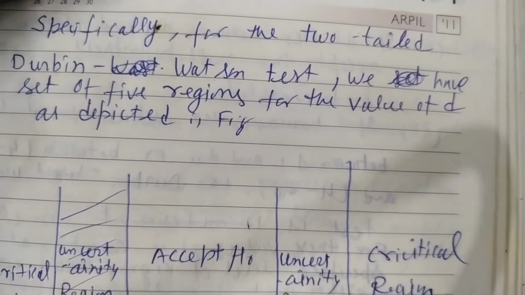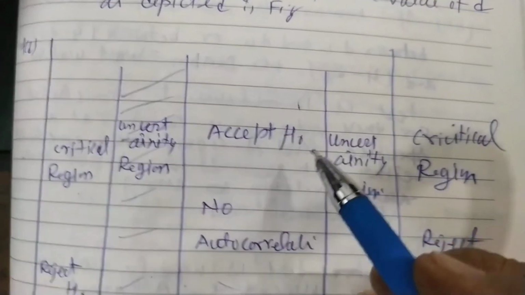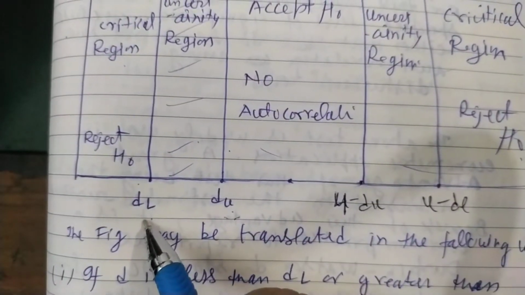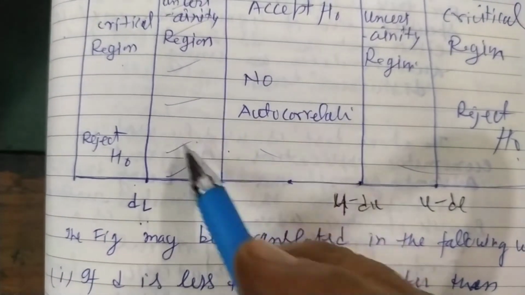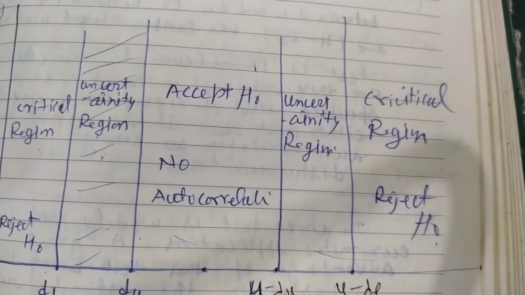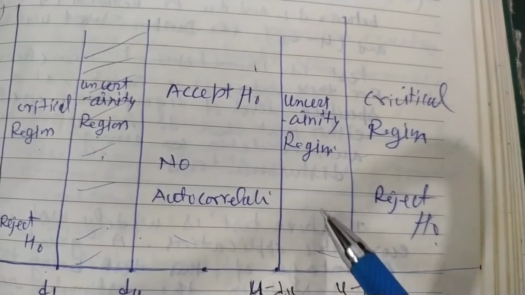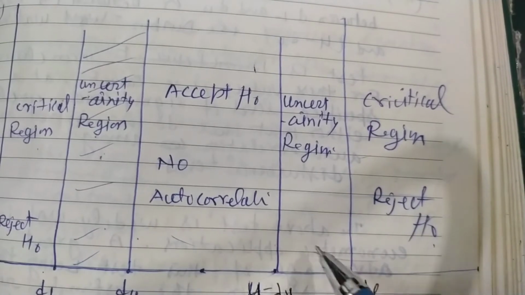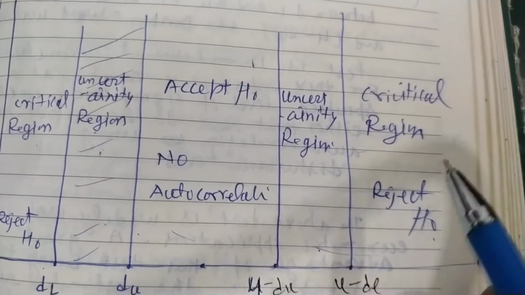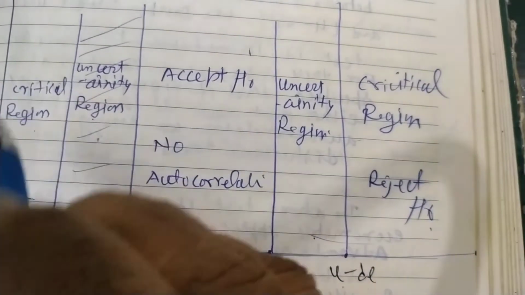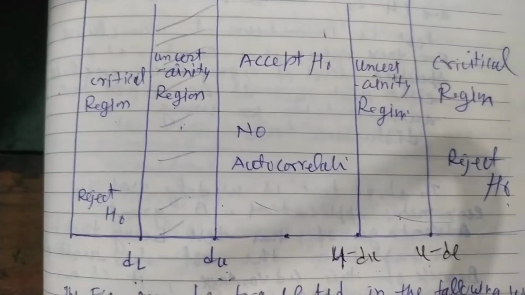This area shows no autocorrelation, and the area between lower bound and upper bound is the uncertainty region, and 4 minus upper bound to 4 minus dL is also an uncertainty region. Critical region, reject the hypothesis.